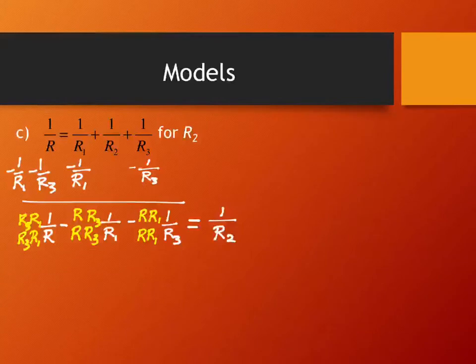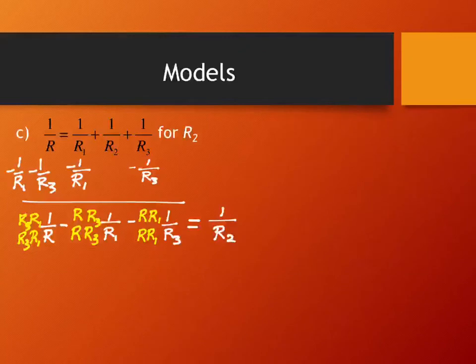So we're just making all the denominators the same by multiplying them by one another. I recognize the other side, 1 over R2, does not have a common denominator to that, but it's not really necessary at the moment. I'll show you why in a second. But for now, we're just working on the left-hand side.